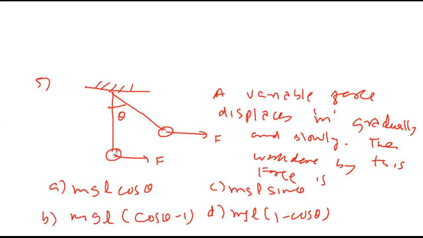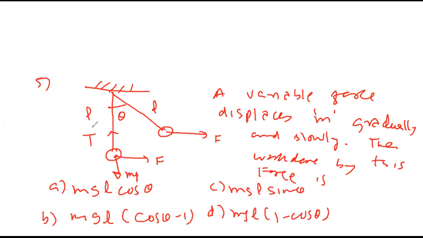See, there are three forces here. One is mg downward and tension T, and one F which is gradually taking it up. This is length of string L given. Sir, D. mg L into 1 minus cos theta. Yes, sir. Why it is like that?